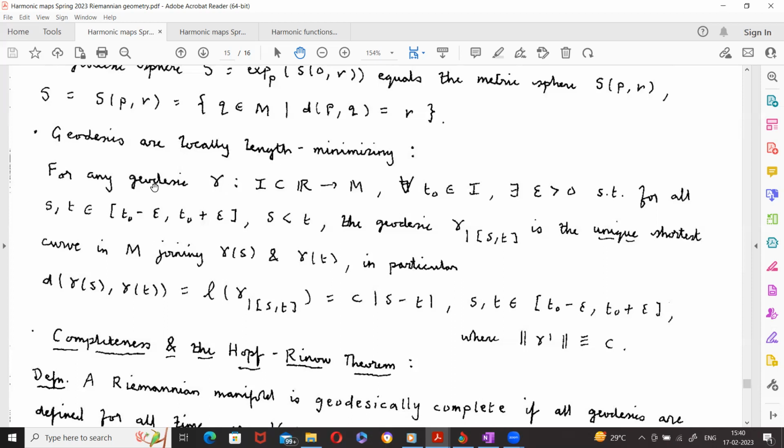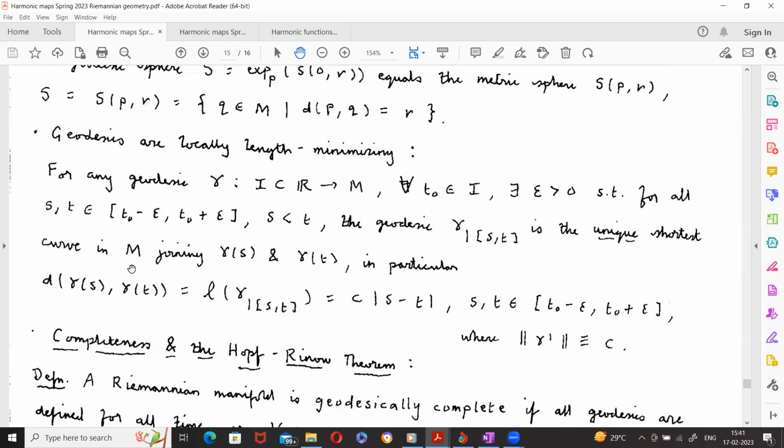So that means that if gamma is any geodesic, if I take any time t0 in the domain of gamma, then there exists an epsilon such that if I take any two points s, t in the interval t0 minus epsilon to t0 plus epsilon, where s is less than t, say, then if I look at gamma restricted to the interval [s,t], this geodesic is the unique shortest curve in the whole manifold M joining gamma(s) to gamma(t).